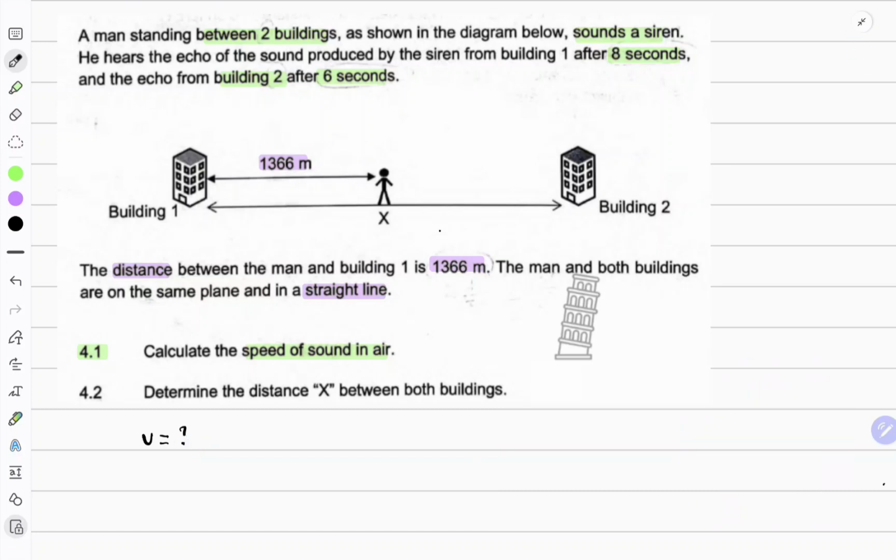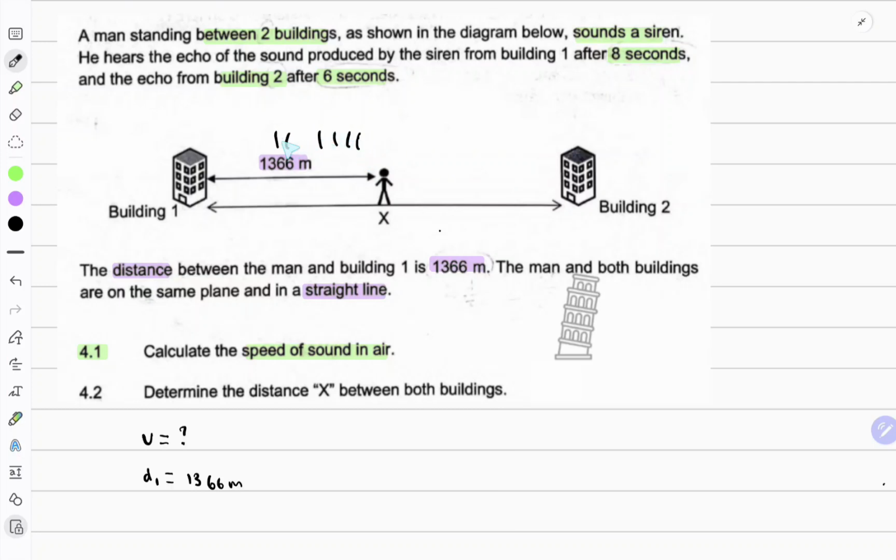We've got the distance between the man and the building. We can call it D1. D1 represents the distance between the man and building 1, and that is 1,366 meters.